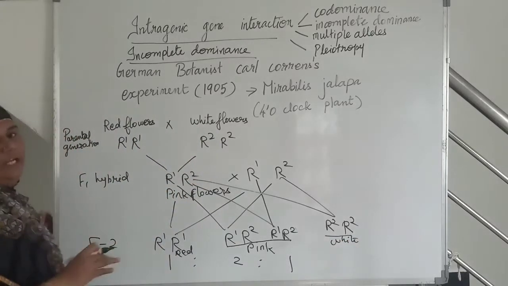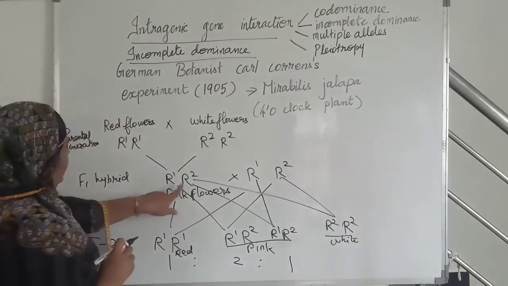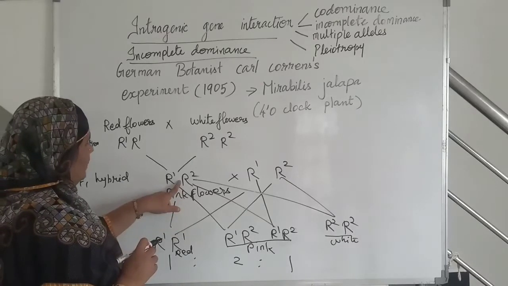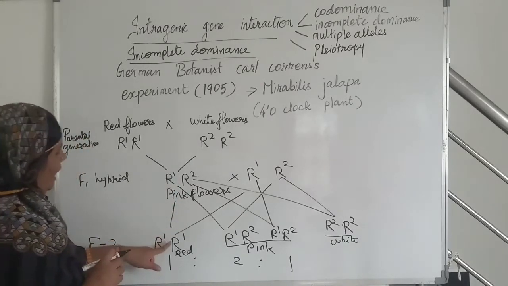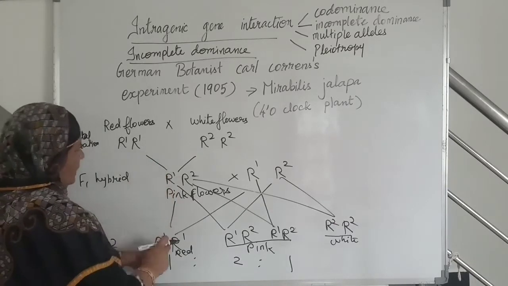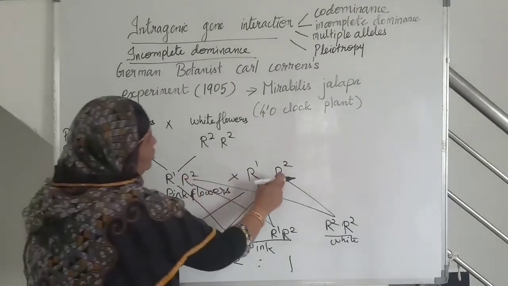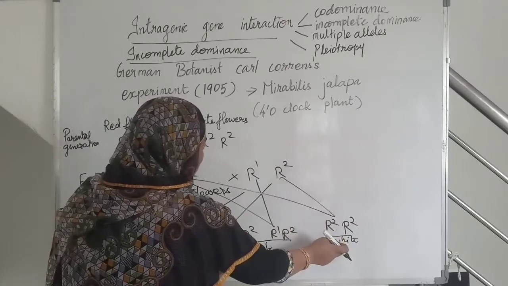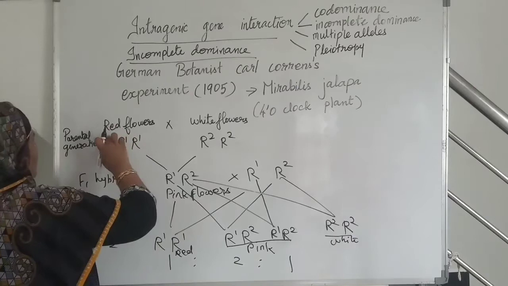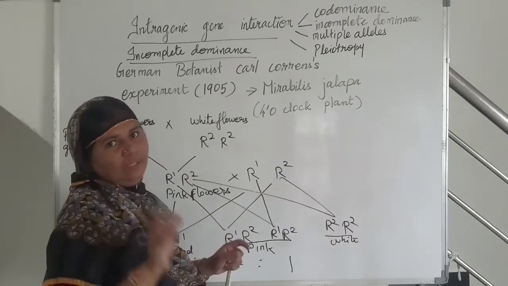Here there is no blending of genes. The reason is that in the F1 generation pink flowers are produced, but in the F2 generation the genes segregate again: R1 segregates and produces red flowers, R2 segregates and produces white flowers. So the parental types are produced again.